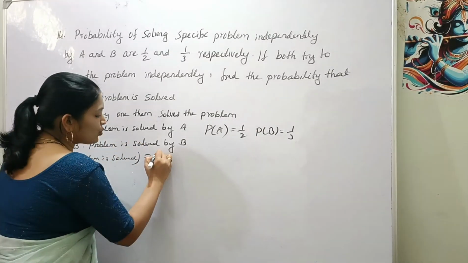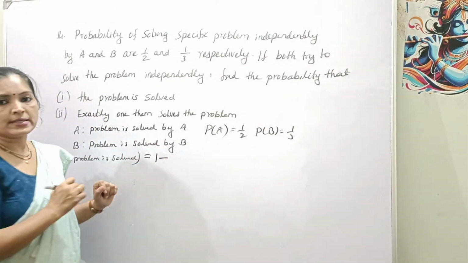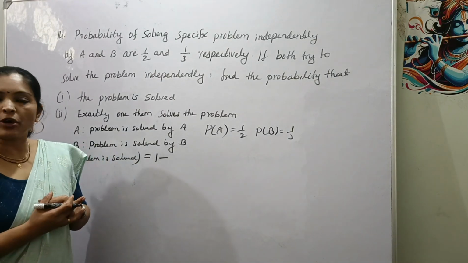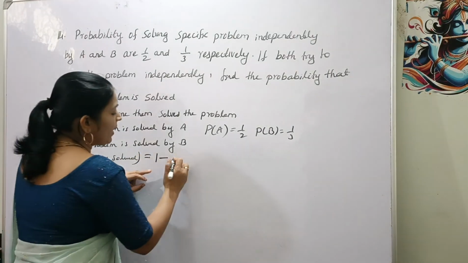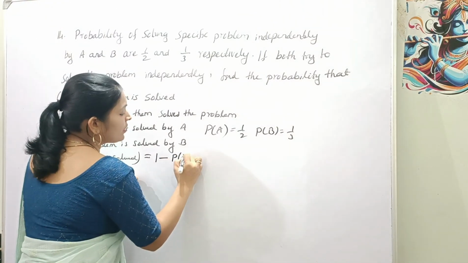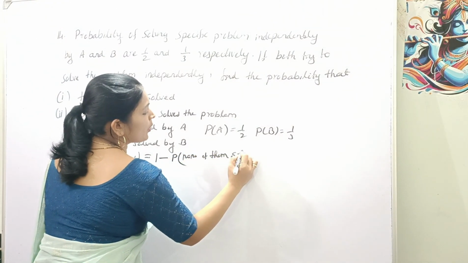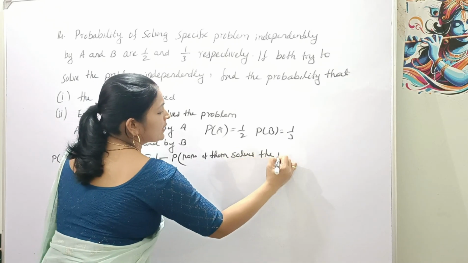That is how to write the complement, that is 1 minus. We know that probability of A is equal to 1 minus probability of A complement. So 1 minus probability of none of them solves the problem.